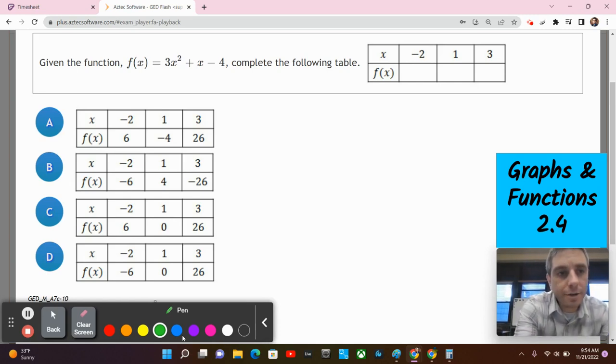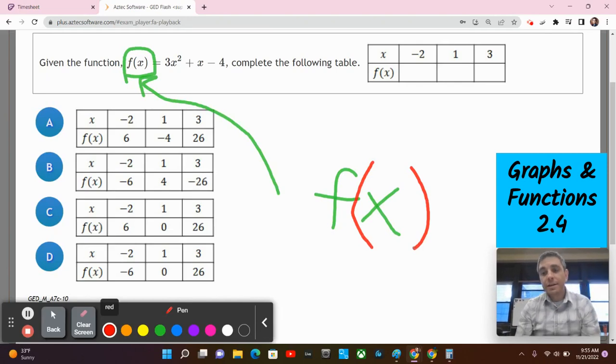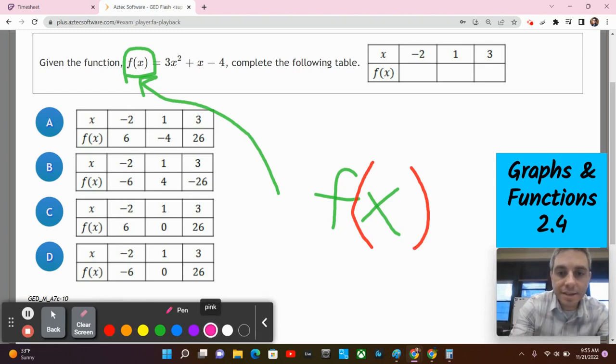But let's talk first about what's called function notation. We have the letter F next to the letter X, and the X is in parentheses. So this is actually not multiplication. This is called function notation, where the letter F is the name of the function rule.